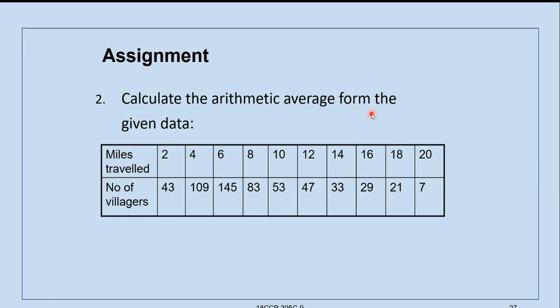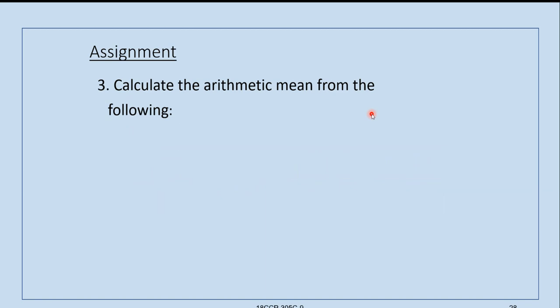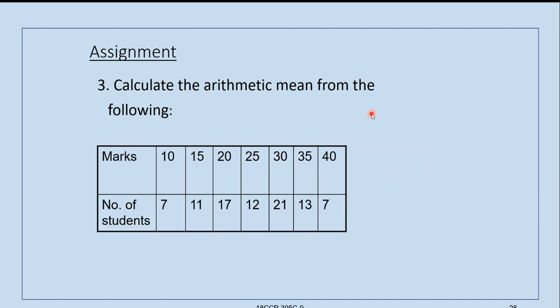You better calculate the direct method and shortcut method side by side for all the problems. And here also third problem, calculate the arithmetic mean from the following. Here method is not given. Again, I am repeating, you calculate the arithmetic mean by direct method and also by shortcut method.